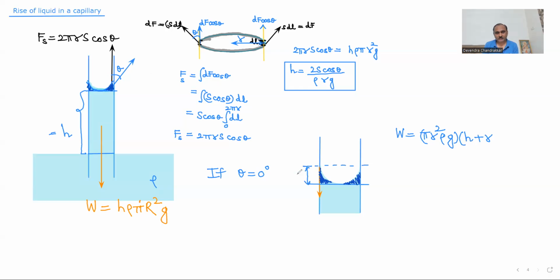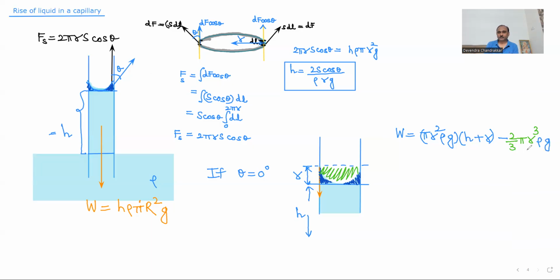This is R and this was H. Okay. But from this volume, I have to subtract the volume of this hemispherical volume. I need to subtract this hemispherical volume, right? So it is minus 2 by 3 pi r cube. I hope all of you got this. Yes, sir. Into rho into G.